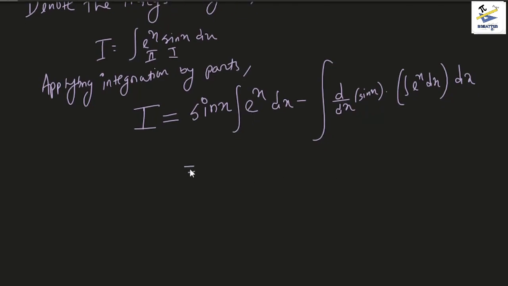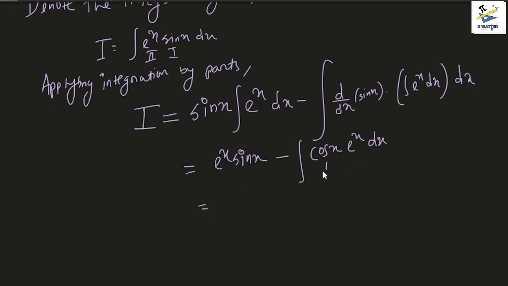So what we get is, integral of e to the power x is just e to the power x, so it becomes e to the power x sin x minus, differentiation of sin x is cos x, so cos x into e to the power x dx. Now this is another integral.